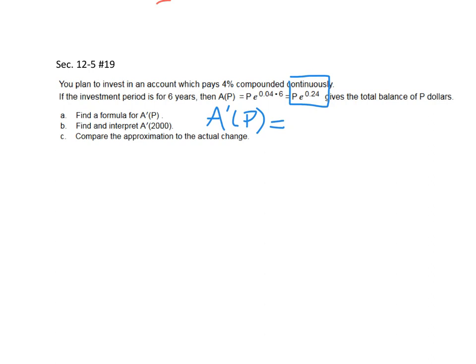So basically this is e raised to the 0.24 times P, and when we take the derivative, all we're going to have left is the constant.